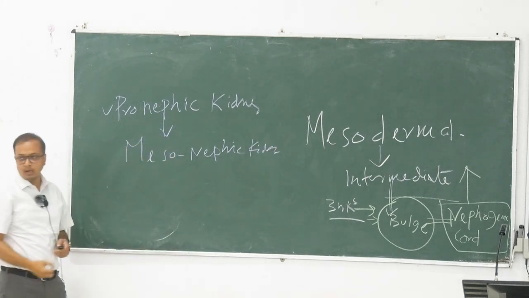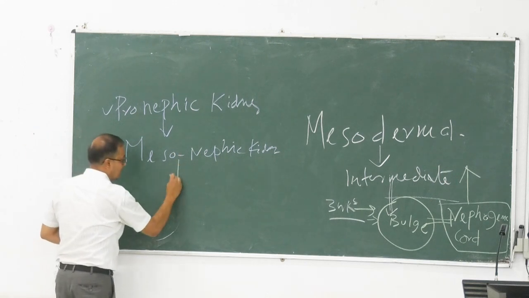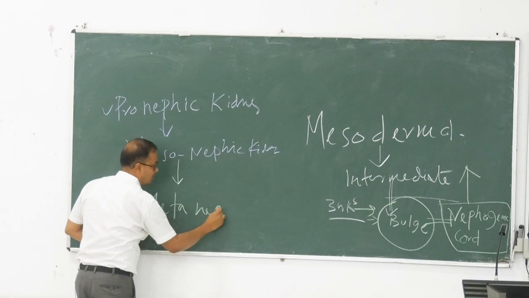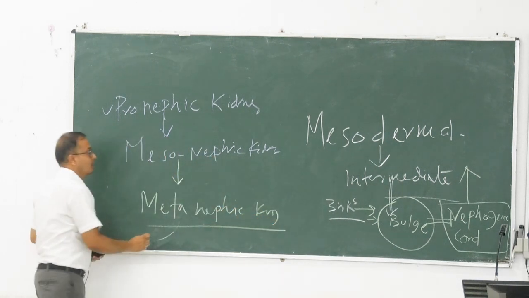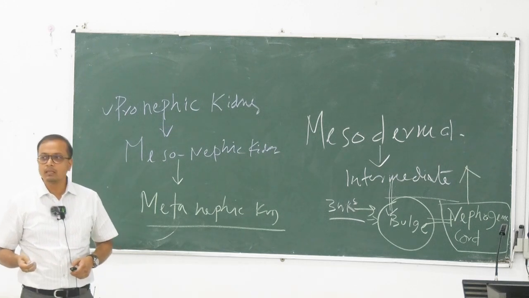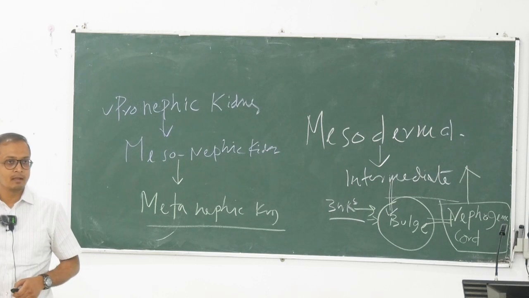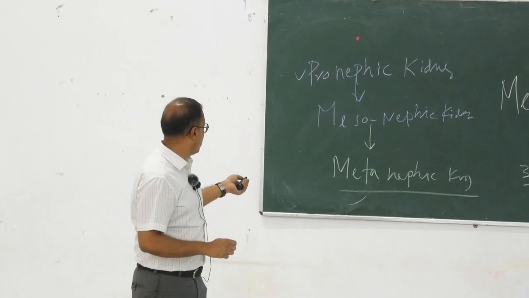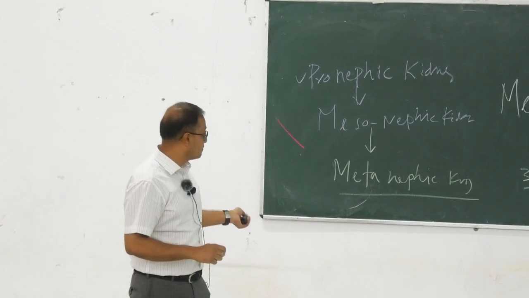And then we get the adult version, the highest end, which we call the metanephric kidney. So we get three updated versions until we receive the most advanced version of the kidney system. We start with the oldest form, the pronephric kidney, then the mesonephric and the metanephric.